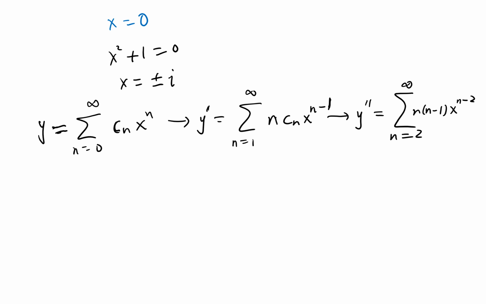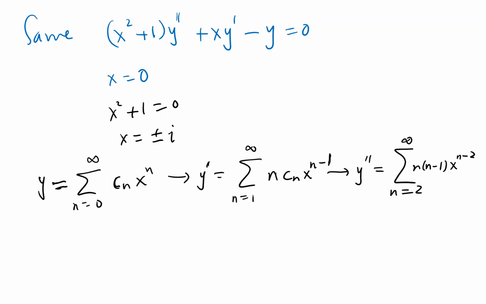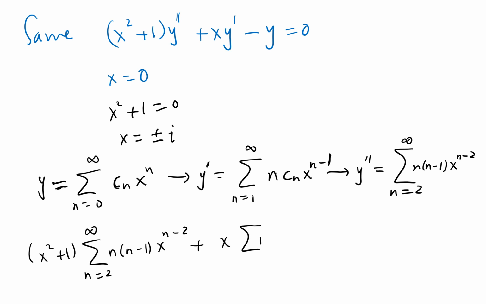Then what do we do next? We substitute them in. (x squared plus 1) y double prime is the sum from n equals 2 to infinity of n(n minus 1) x to the n minus 2, plus x times y prime, the sum from n equals 1 of n c_n x to the n minus 1, minus the sum from n equals 0 to infinity of c_n x to the n, equals 0.